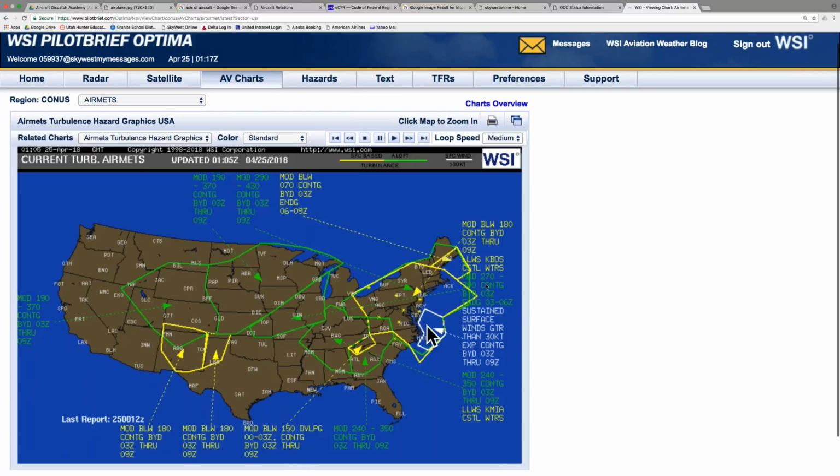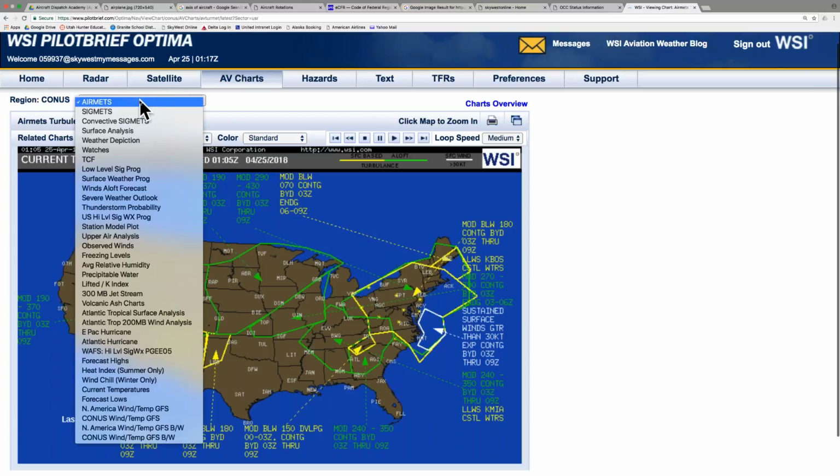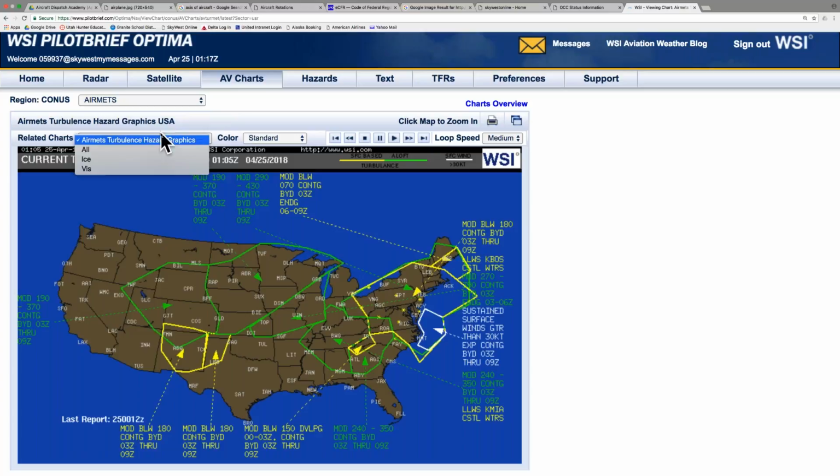Turbulence, these are the areas in the country where they expect to see it, whether it be near the surface or higher altitudes. Nobody likes turbulence unless you're a little kid. Get into that mountain wave turbulence, and it's kind of like a roller coaster. My daughter laughs every time we get into those.